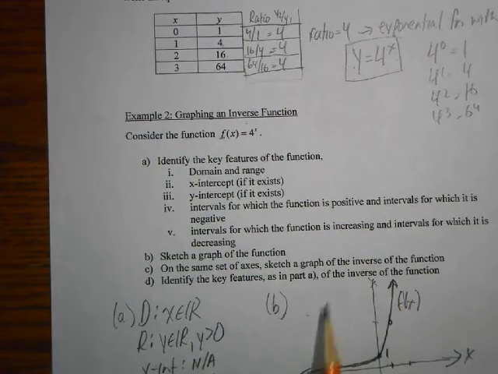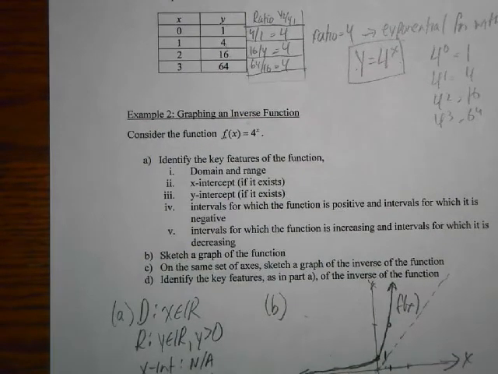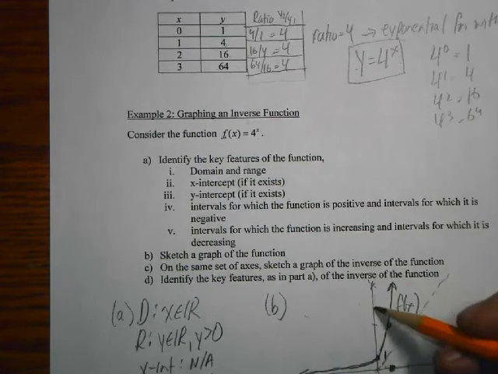Now in the same graph, we want to do the inverse. So this is actually the log function. So remember, it just flips the x and y values, and it's reflected in y equals x, which is my dotted line here. So we know a couple important things. Instead of having a y-intercept of 1, it has an x-intercept of 1. And instead of having a horizontal asymptote along the x-axis, it has a vertical asymptote here.